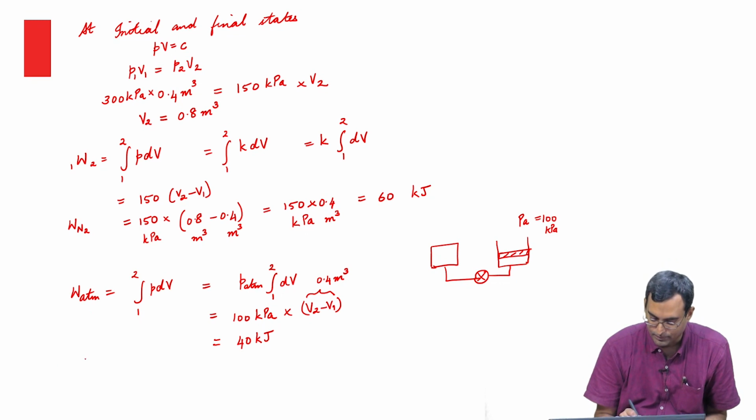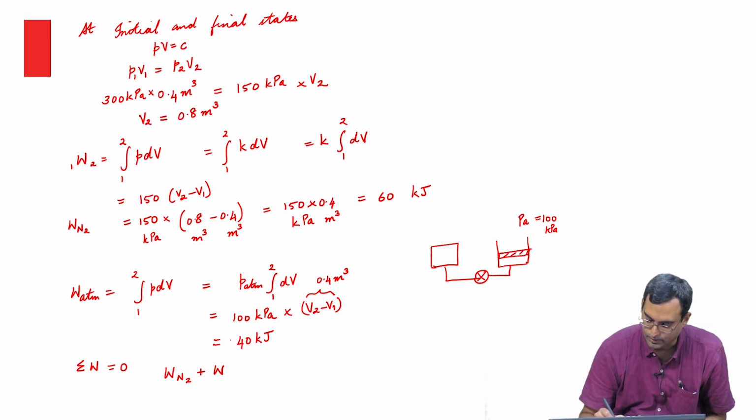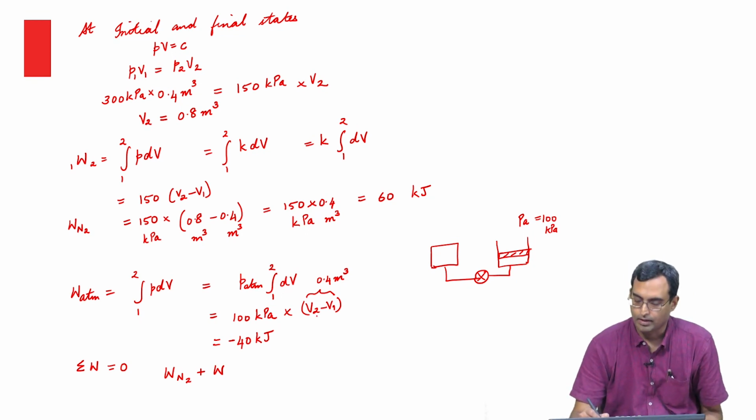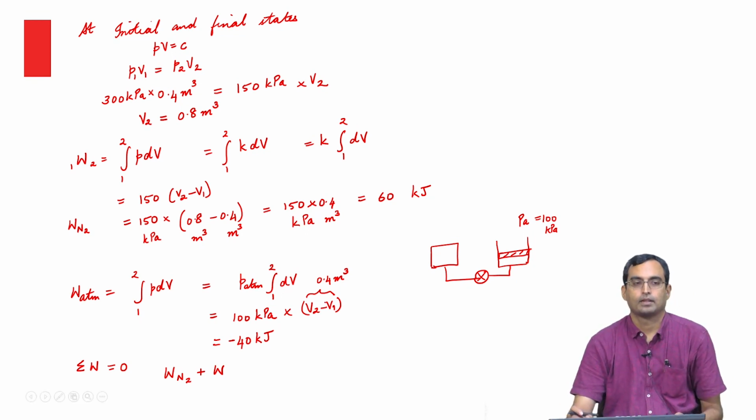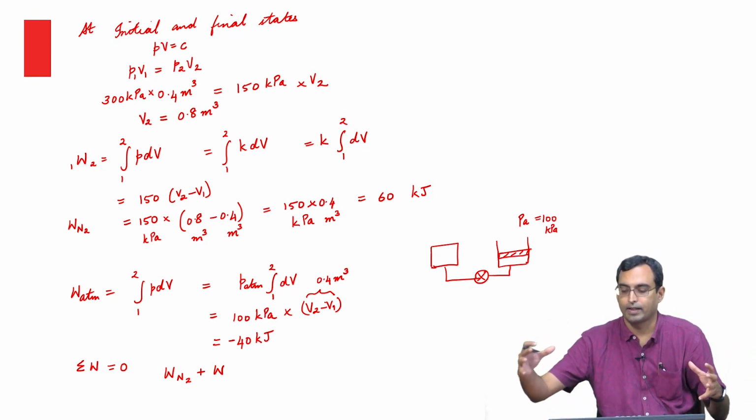So, we have the condition that the sum of all the work should be 0. So, the work interaction for nitrogen plus this is minus 40 kilojoule, because as far as the atmosphere is concerned, the volume of the atmosphere is reducing because the system is expanding against the atmosphere.